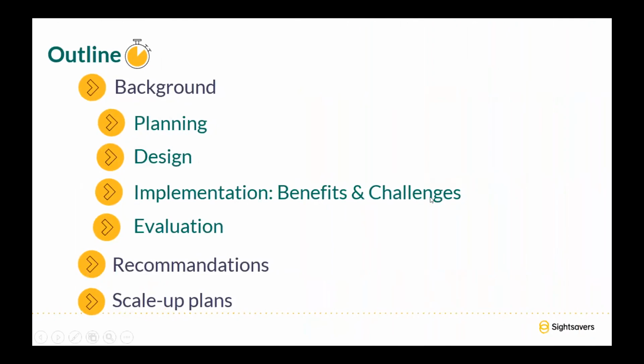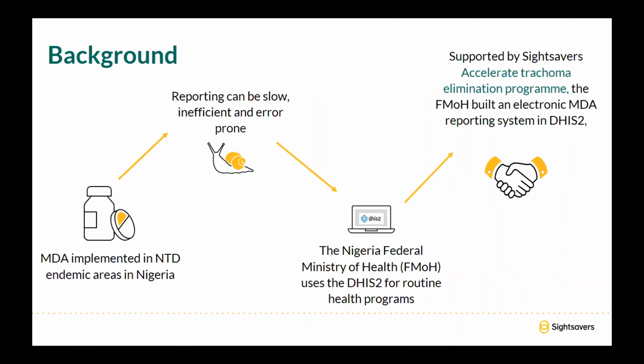Well, here is the outline. We'll focus on the planning, the design, the implementation, and the evaluation, basically as Victoria presented, and we will also present some recommendations and the scale-up plan. You need to know that we are talking about neglected tropical diseases, a set of 20 diseases or disease groups with a single commonality: they have an impact on impoverished communities.